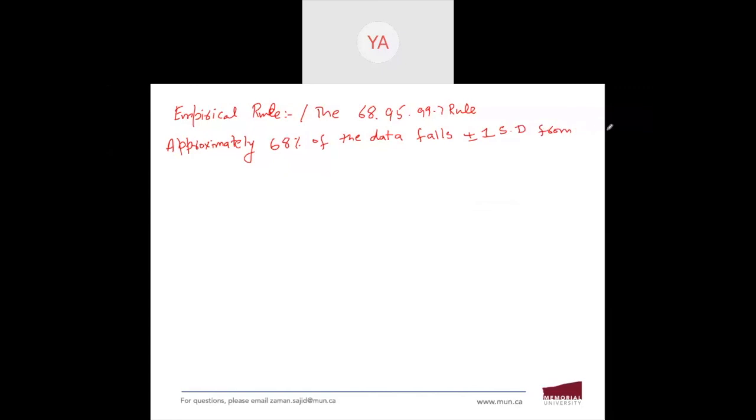Approximately 68% of the data falls within plus minus 1 standard deviation from the mean.